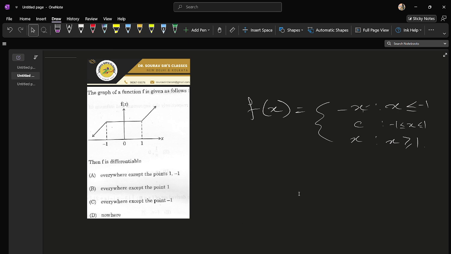So we can see that at these points, that means at x equals -1 and x equals 1, our function will be continuous.